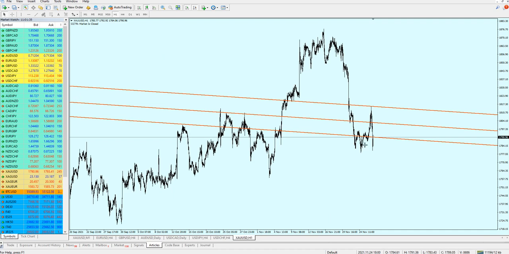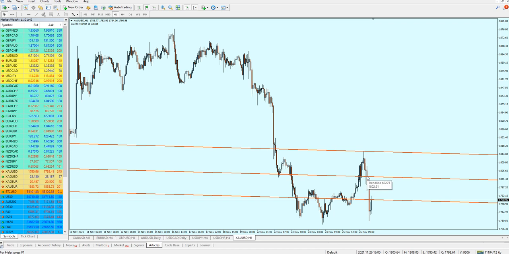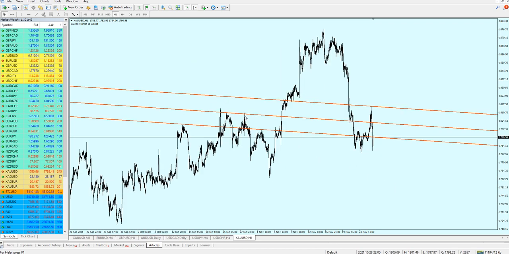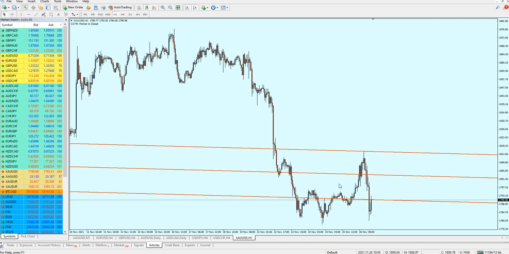Yes, definitely that's correct. After that the gold will continue the fall. That resistance trend line will never be ignored after this strong bearish movement. To make it more obvious, yes, this is more safe.